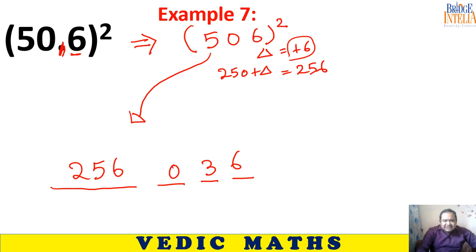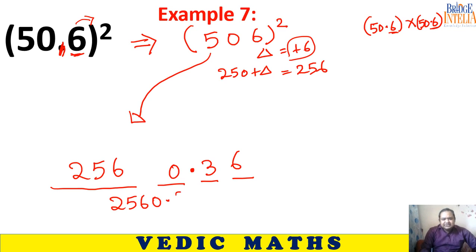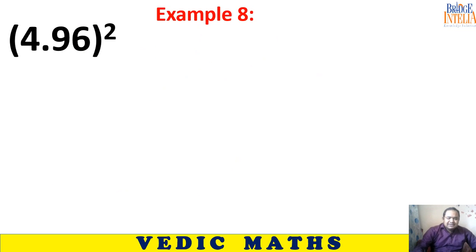One digit was written after decimal, 15.6, and you are doing its square, that means multiplying it with itself. So there will be 2 digits after decimal. So the final answer is 2560.36.